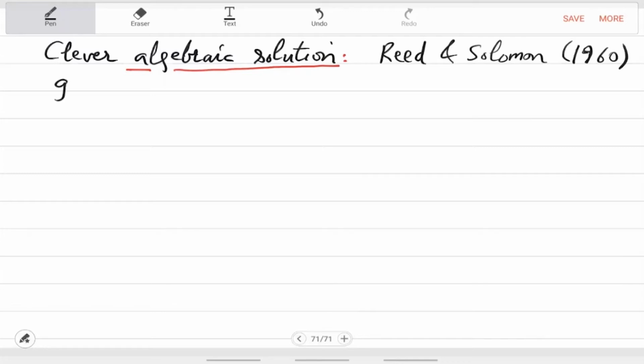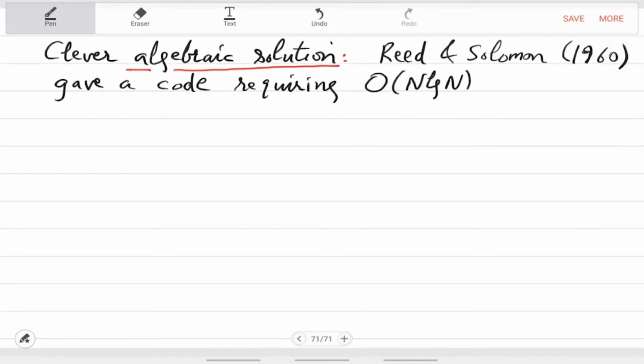They gave a code requiring merely n log n bits to correct nearly half of the errors.